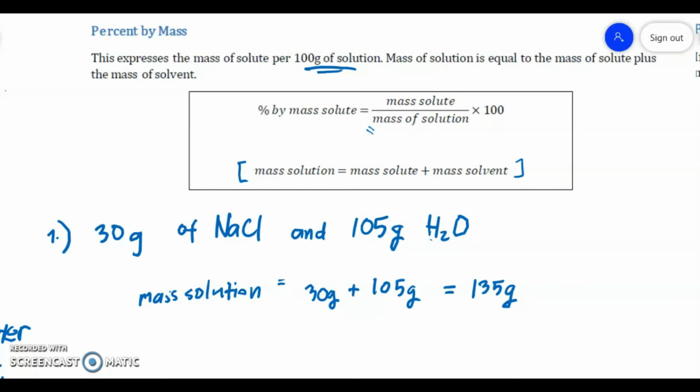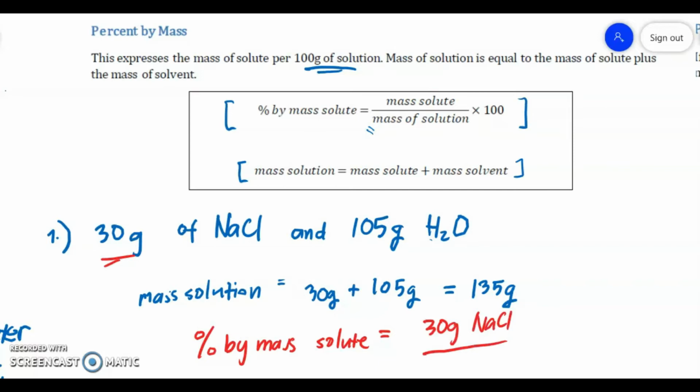Now we can solve for the percent by mass of solute given the equation. The percent by mass of solute equals the mass of solute, which is 30 grams of NaCl, divided by the mass of solution, 135 grams.